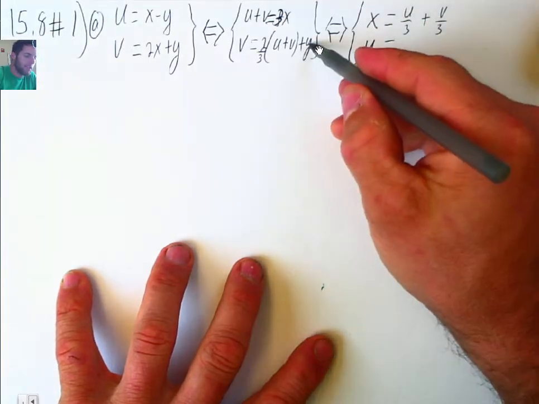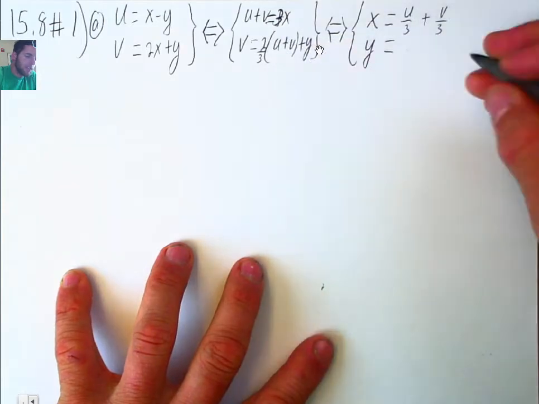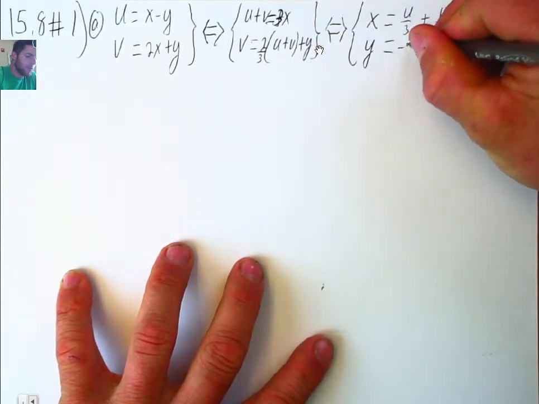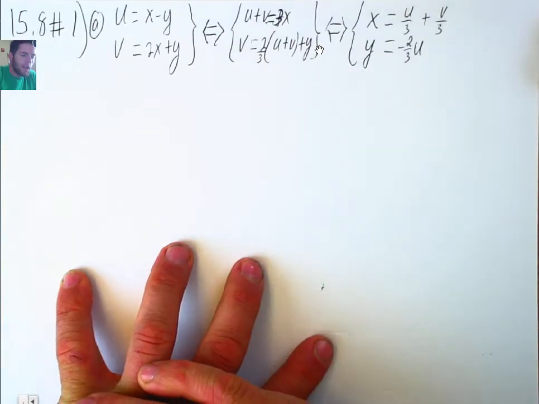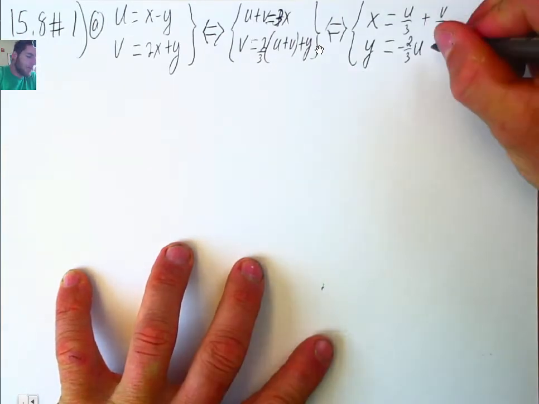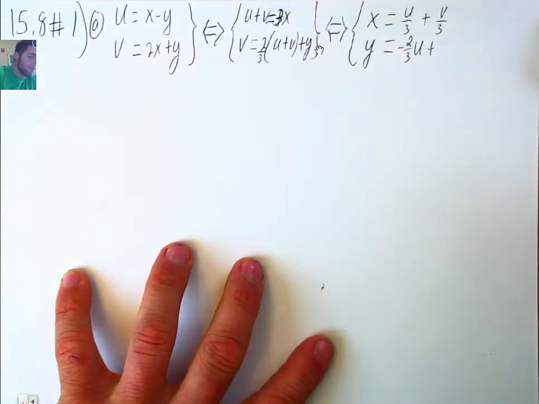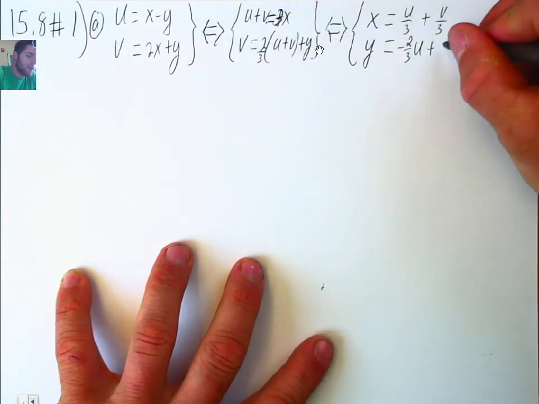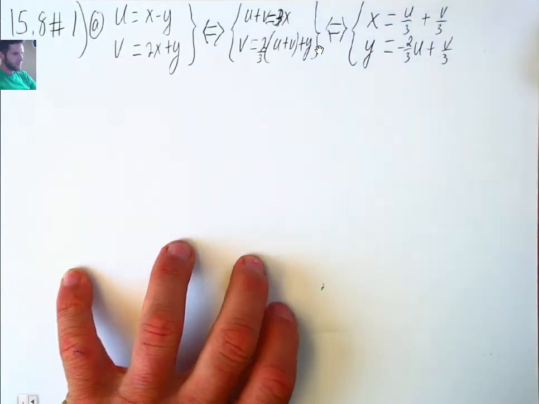Okay, if I isolate y, how many u's will I have? Negative 2/3 u's, moving them to the other side. And how many v's will I have on the other side? Well, I already have 1 v, and I'm going to take away 2/3, and that will leave me with a total of 1/3 v. So I can write v over 3 or 1/3.